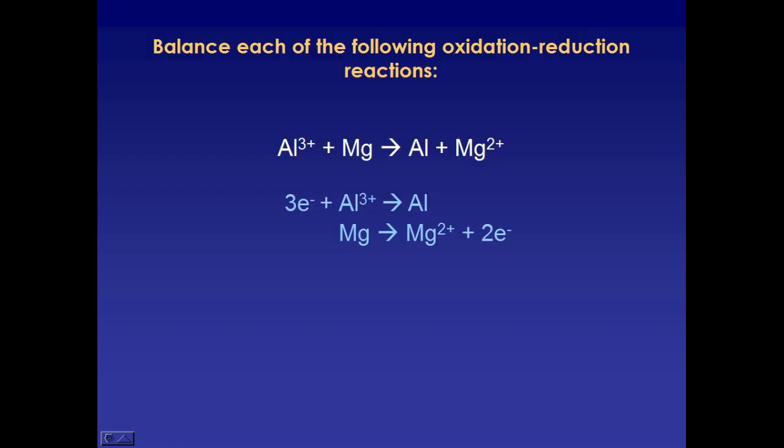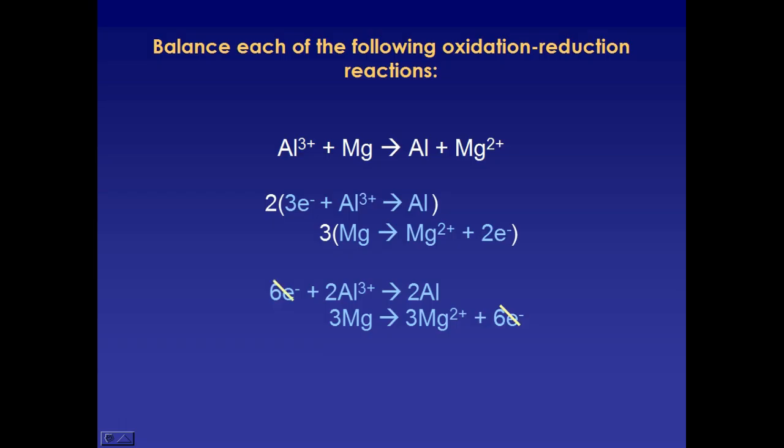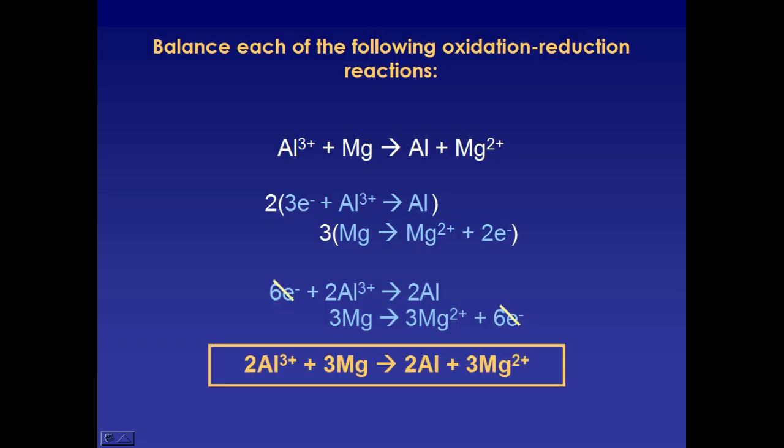So we need to find a common factor with the electrons that are being transferred, which would be 6. So the aluminum half reaction would be doubled, while the magnesium half reaction would be tripled. So we would have had 6 electrons being lost, while 6 electrons would have been gained, leaving us with 2 aluminum ions and 3 magnesium metals make 2 aluminum metals and 3 magnesium ions.